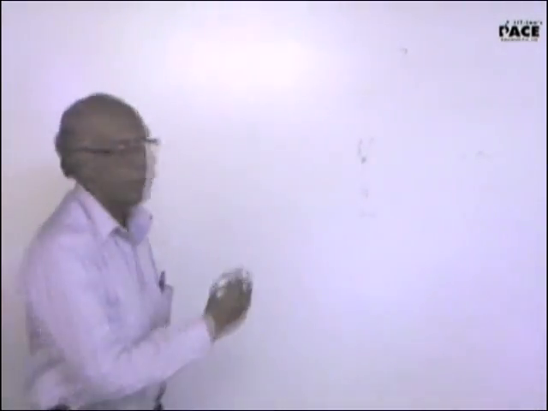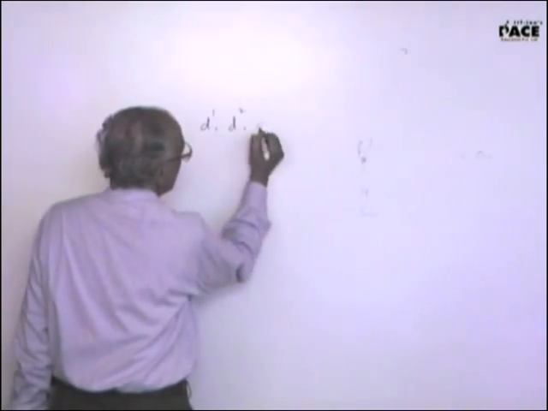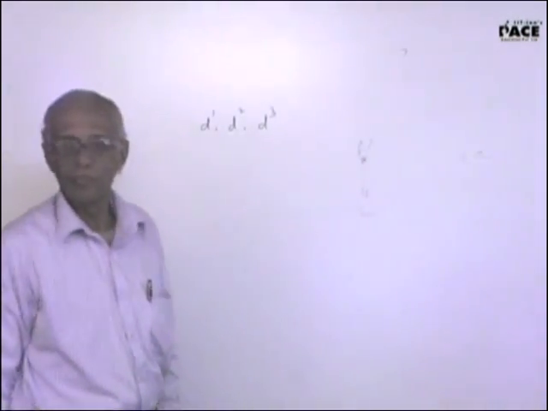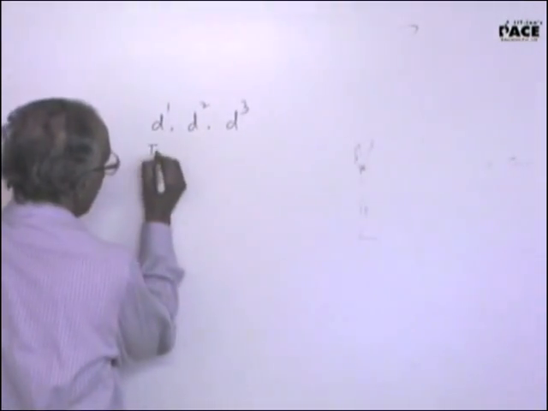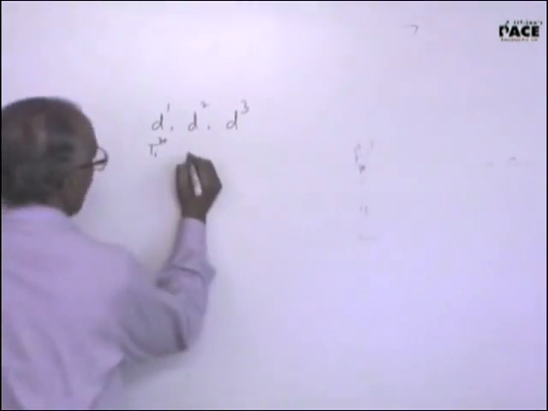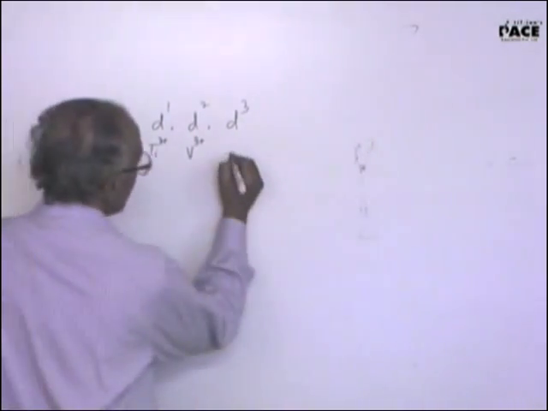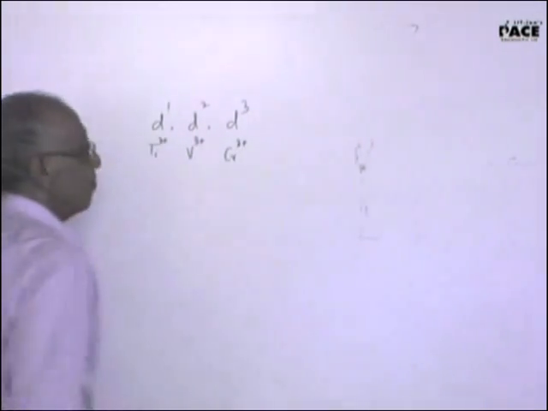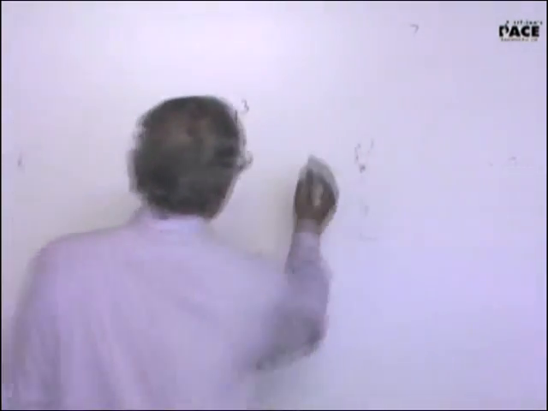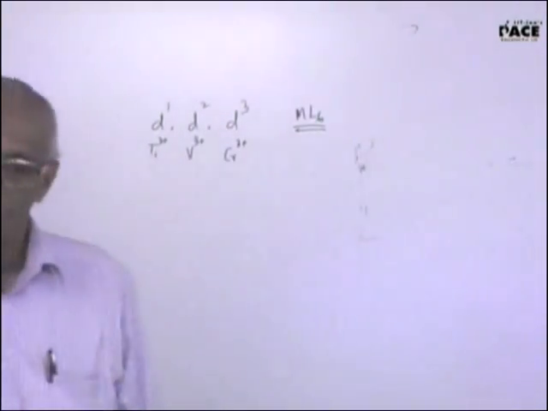For example, if you have d1, d2, d3 configurations, say titanium 3 plus is d1, vanadium 3 plus is d2, chromium 3 plus is d3. All of them are forming ML6 octahedral complexes.